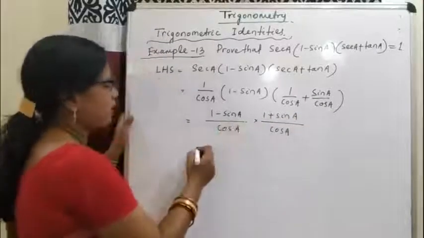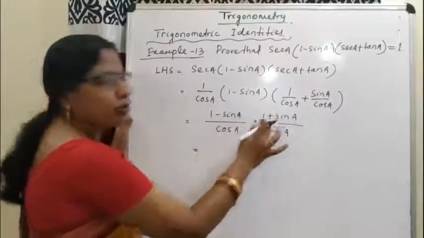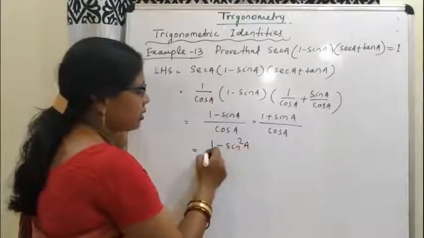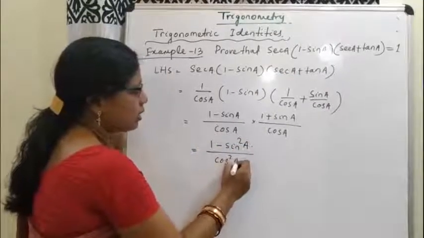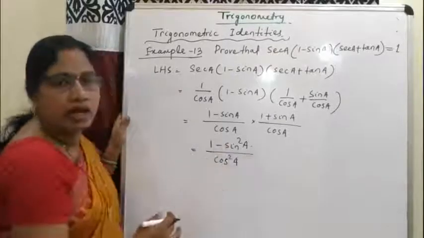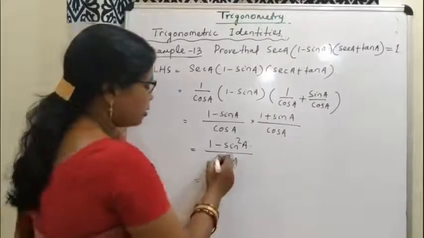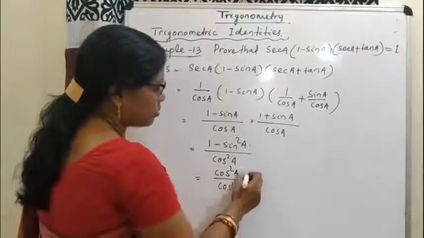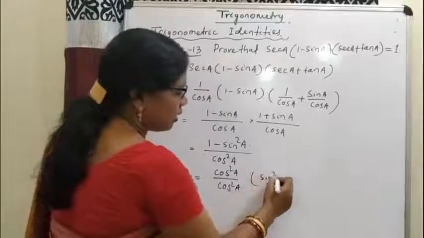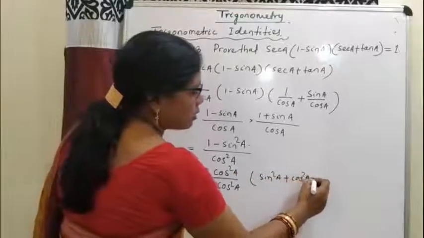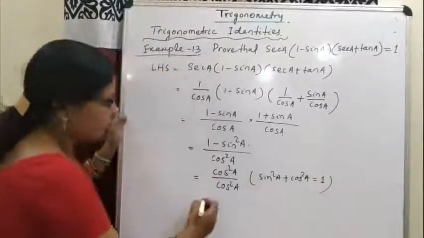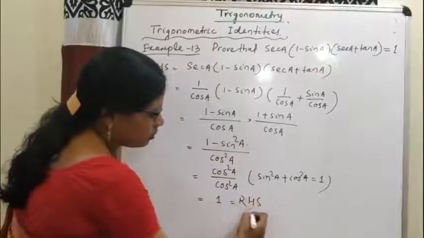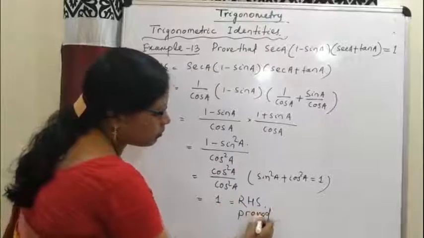Then you multiply: 1 minus sin A into 1 plus sin A. So this is 1 minus sin square A by cos square A. So 1 minus sin square A is equal to cos square A. So this is equal to cos square A by cos square A, as sin square A plus cos square A is equal to 1 by our identity. So this is equal to 1, and 1 is our RHS. So this is proved.